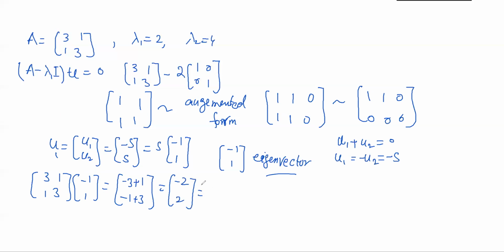If we take 2 as common, what we get is minus 1 and 1, which is then 2 times u. Minus 1 and 1 is the eigenvector and the eigenvalue is 2, which is basically the same. So it means that our answer is correct. So this is the verification.